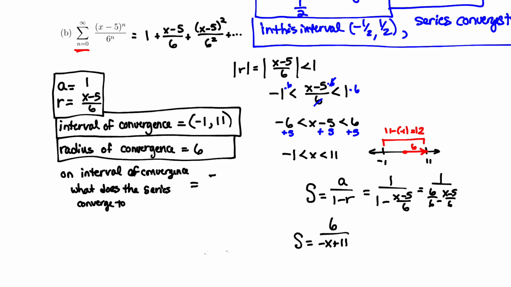So I would say that the sum of my series is 6 over negative x plus 11. Anybody have questions on this special geometric series?